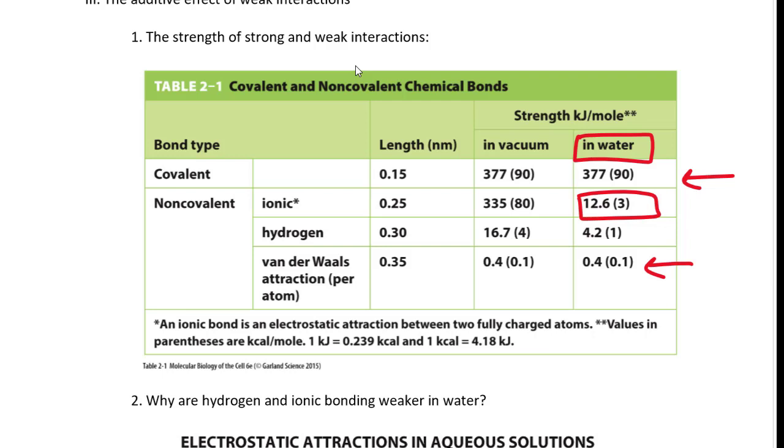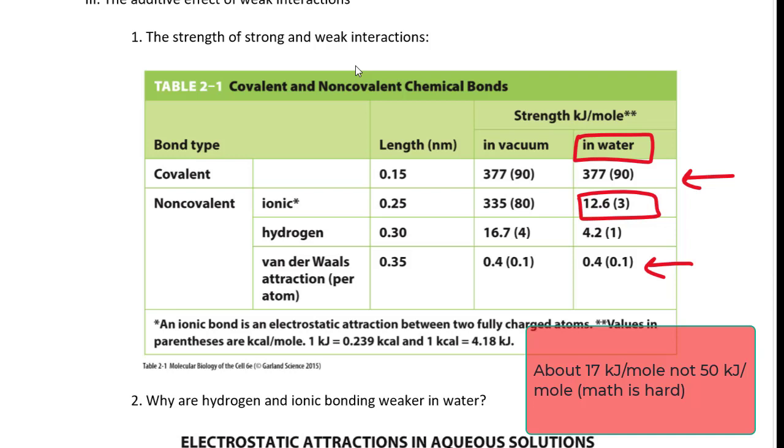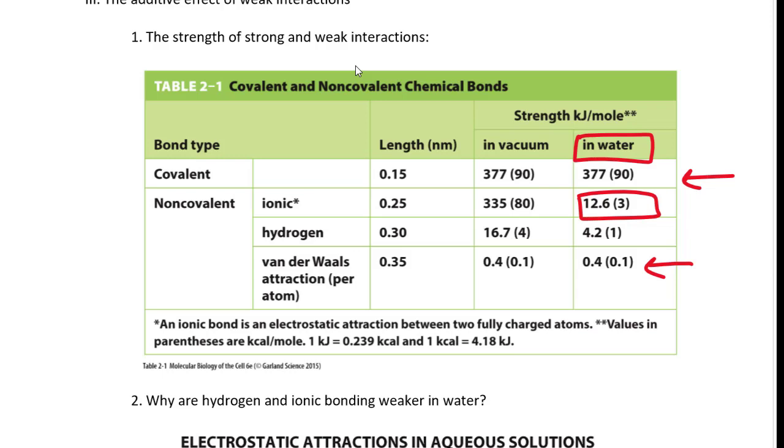So a single weak interaction by itself is not that strong, but if you have multiples, they can become as strong as a covalent bond because it's an additive effect. So, for example, if I have 4 hydrogen bonds, I have an interaction of nearly 50 kilojoules per mole for that bonding interaction, if I have 4 hydrogen bonds forming between 2 molecules.